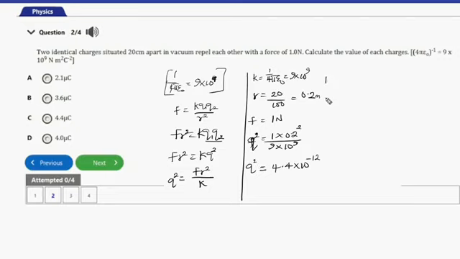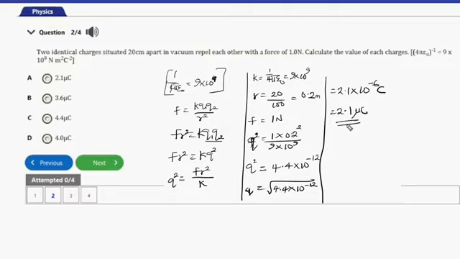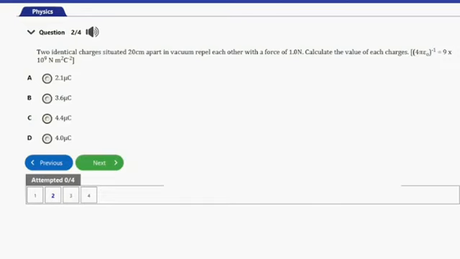Then Q alone is going to be the square root of this, and that's 2.1 times 10 to the power of negative 6 coulombs. And this is 2.1 microcoulomb, and that's option A. So that's it for this question. Let's go ahead and consider the next question.